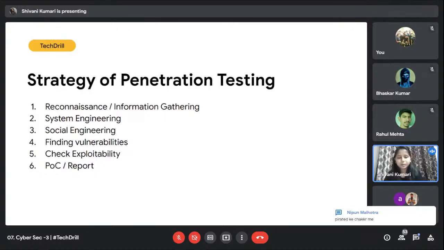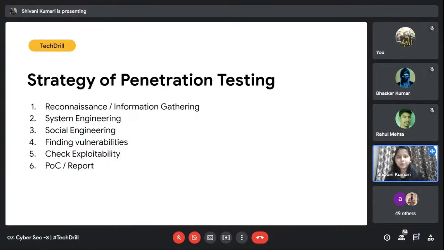What codes did you try to inject to achieve, let's suppose, local file inclusion or remote code execution? Mention all the steps you have done from start to end. Also mention the tools that you used so that they can reproduce and check whether it is really exploitable or not. So that's all about the strategy of penetration testing.